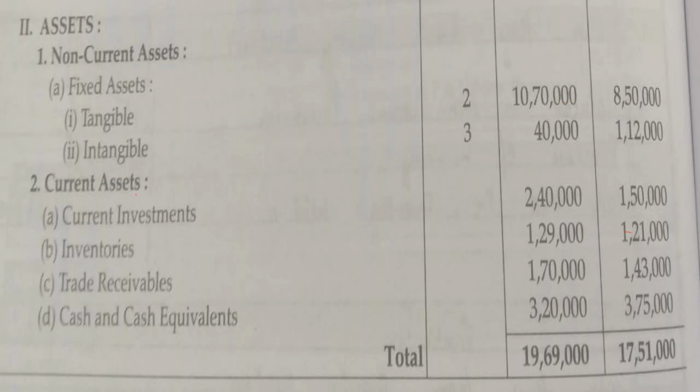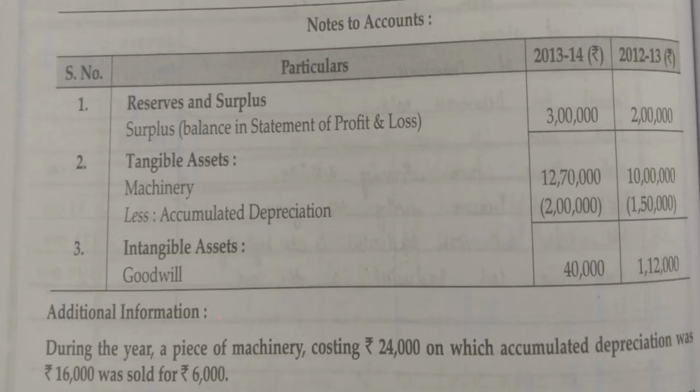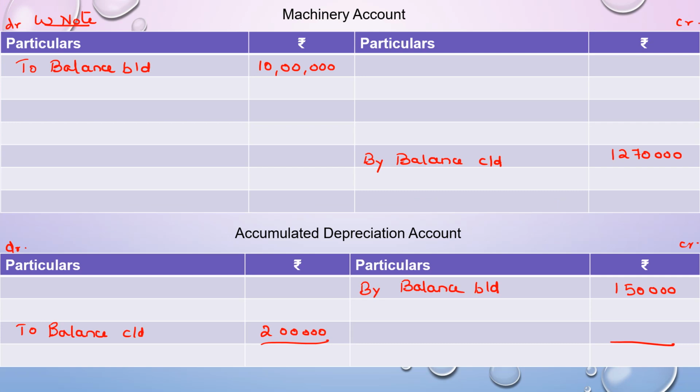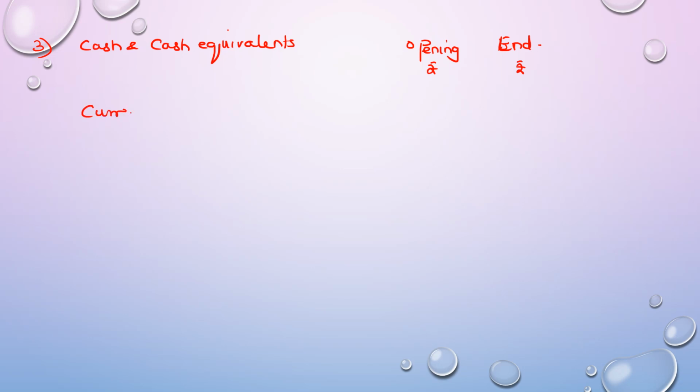Next, we go to this current assets. Current investment, cash and cash equivalent. We'll prepare a note for that. I prepare the third working note, cash and cash equivalent. You can incorporate it in the cash flow statement only, but you can also do it like this at the end as a separate working note as well. Now, in that they have given two amounts.